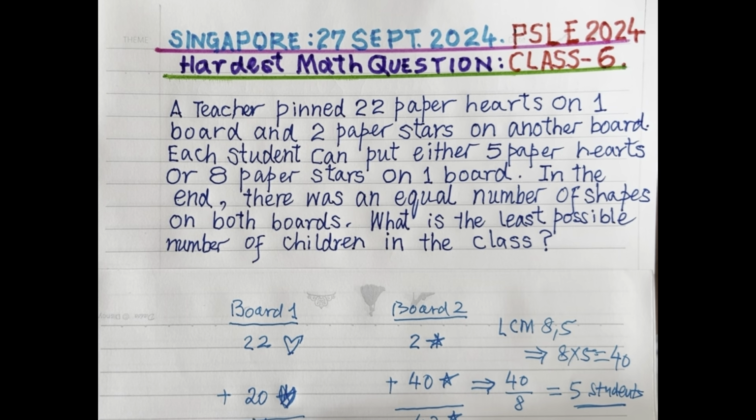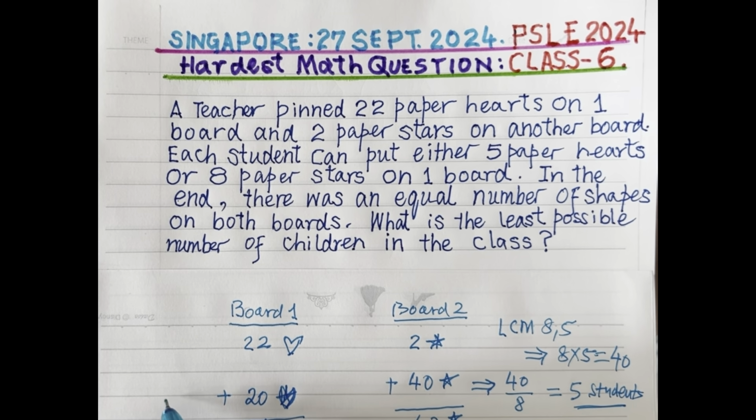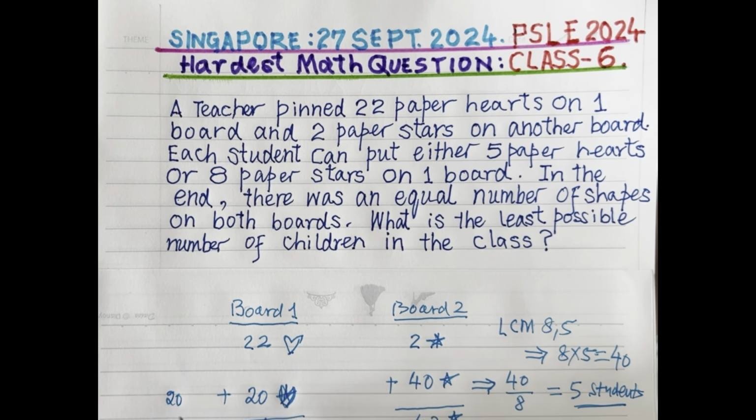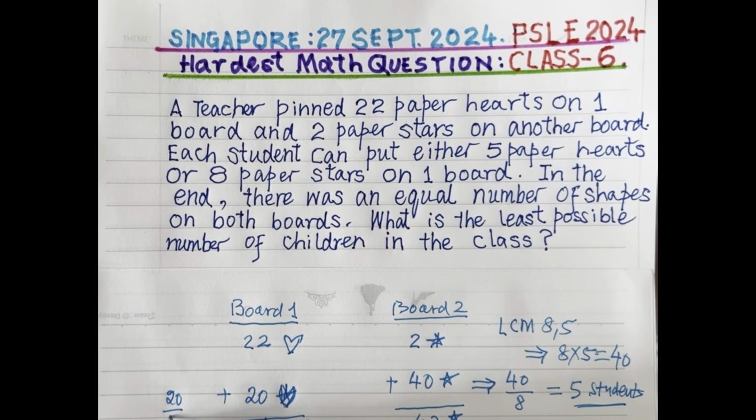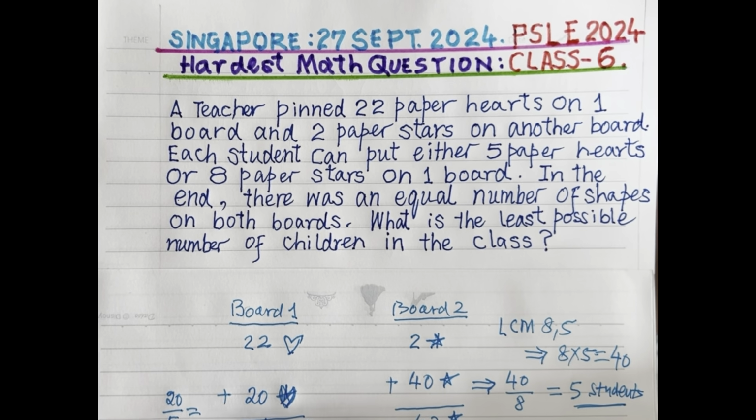And to add 20 paper hearts on board 1, the number of children or students required will be 20 over 5, that is 4.